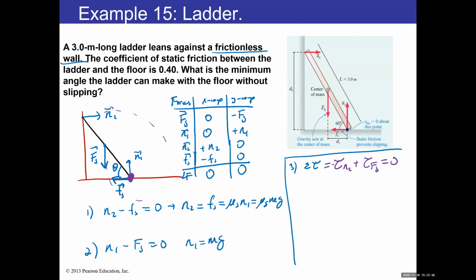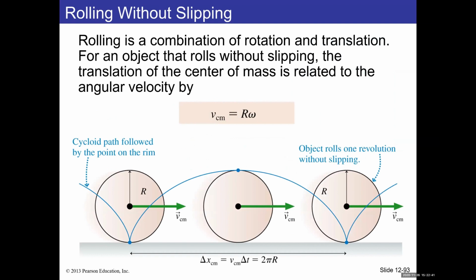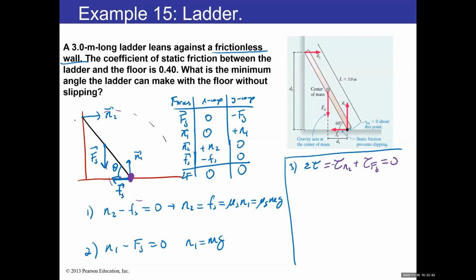Here I'm going to use the lever arm method. If I extend this normal force 2, the closest distance from the pivot point to it, let's call this D2.